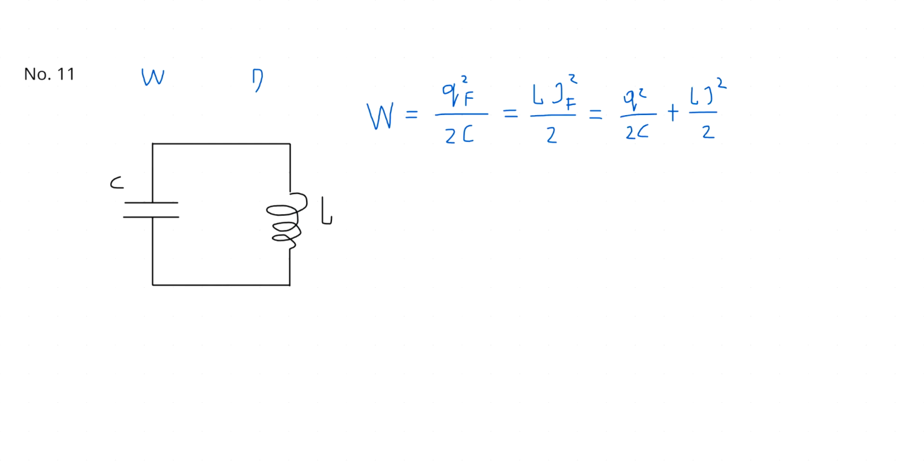So this is the initial energy, and after manipulating this capacitor, we will have some other energy, for example, W1.